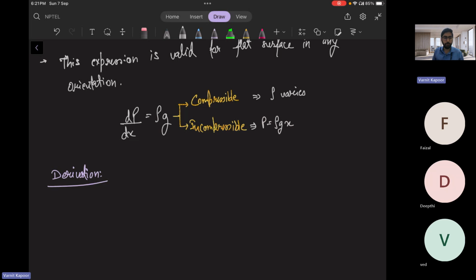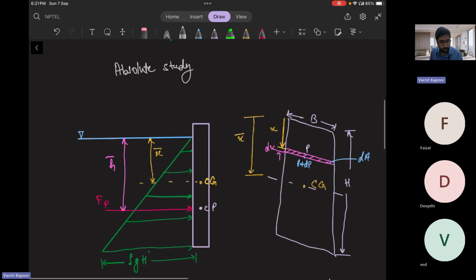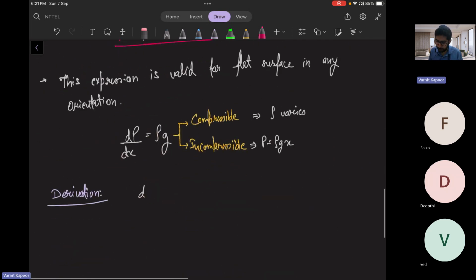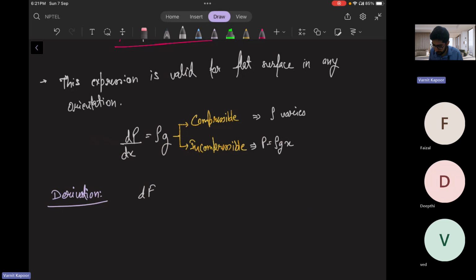So how does it come? We know that pressure is force per unit area. So the elemental force which is acting on this element, let me call it dFp, is nothing but pressure into elemental area, that is dA.